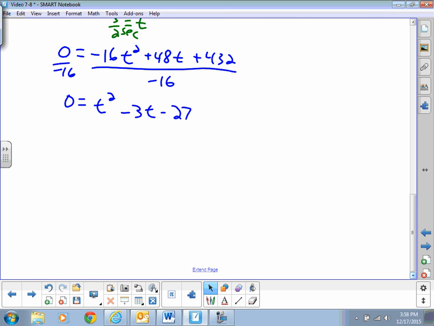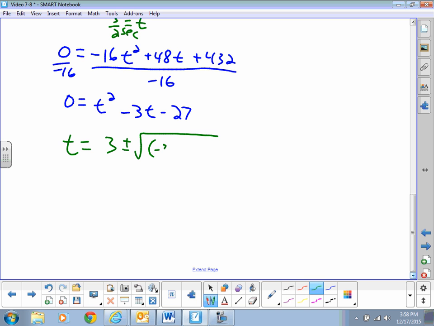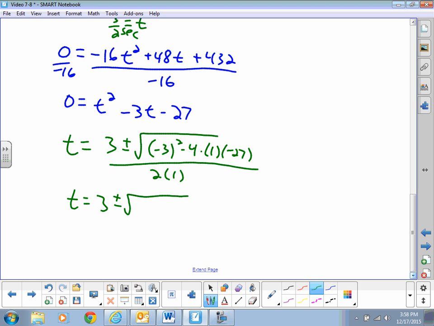There is nothing that will multiply to negative 27 and add to negative 3. So we're going to have to use quadratic formula. Under our radical, we will end up with 9 plus 108, which is 117, all over 2.